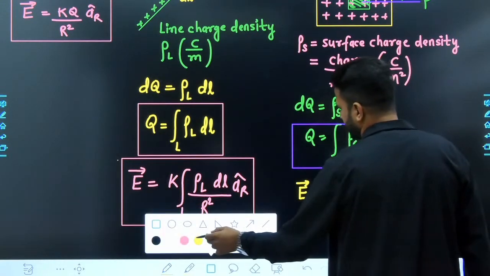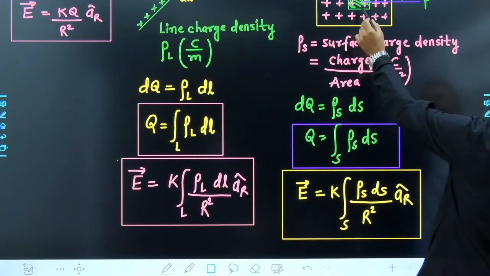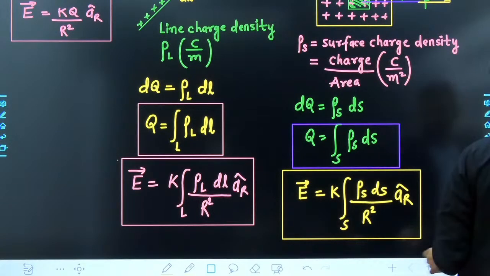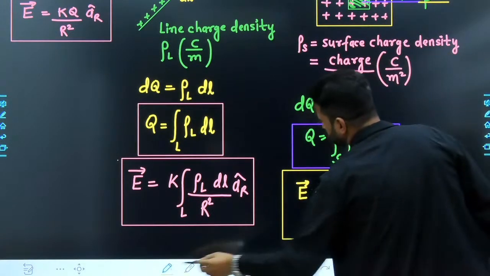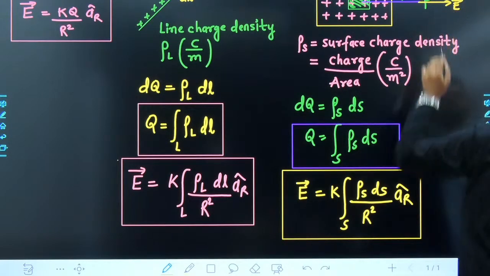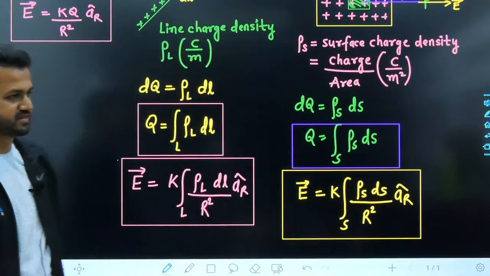The electric field is always along the line joining them, from the surface to the point of interest, so it will be in this direction.